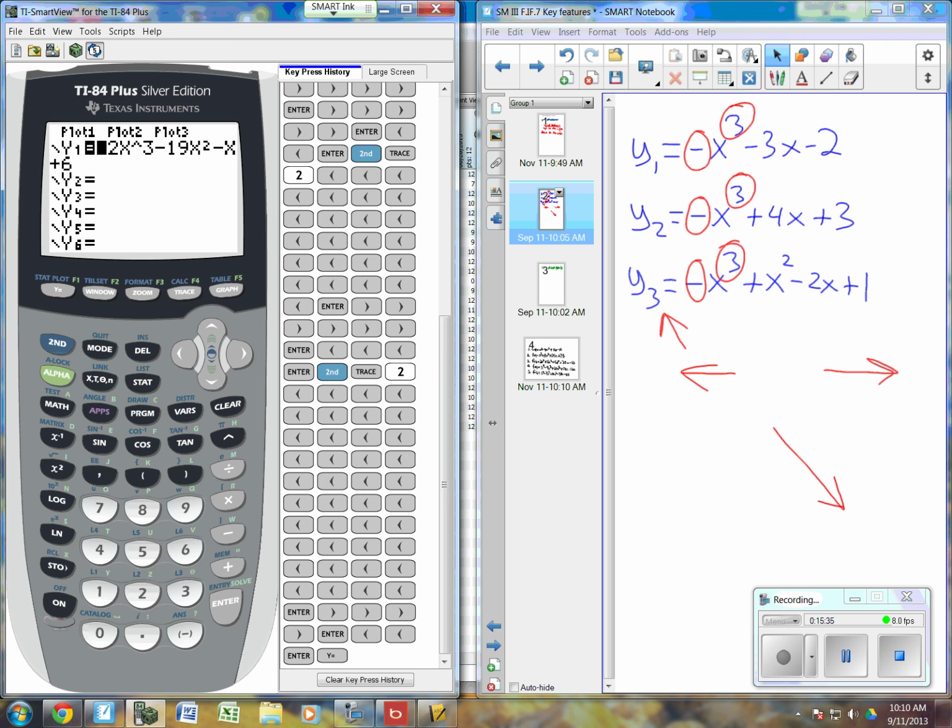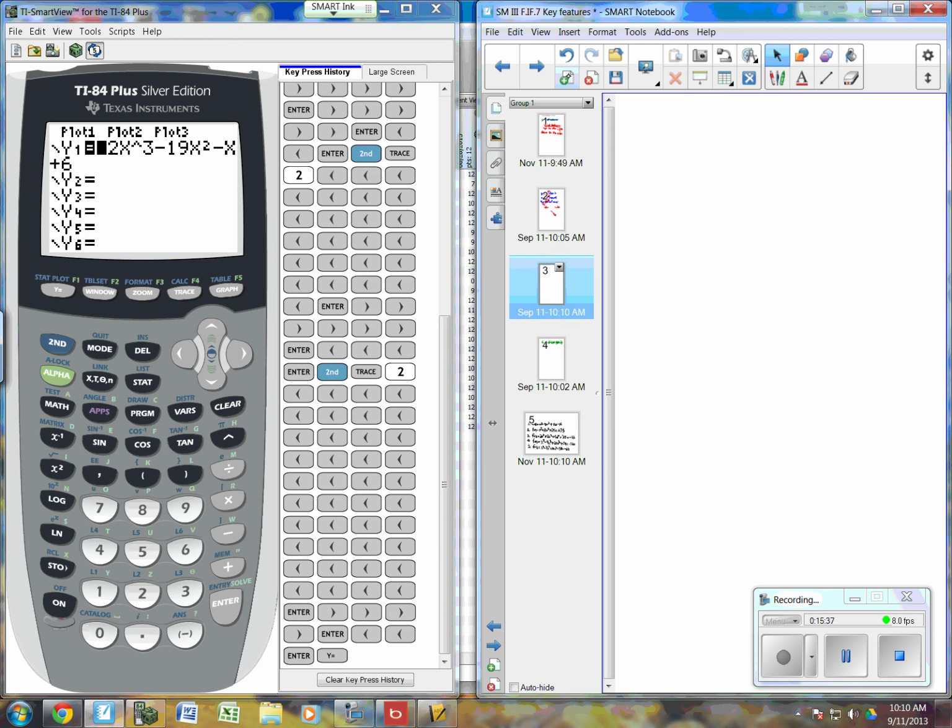So what I want you to do now is type in the following graphs. Under y1, go x to the 4th minus 3x squared minus 2, and 2x to the 4th plus 5x minus 4.